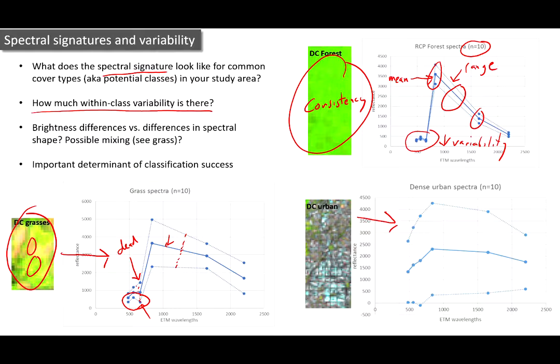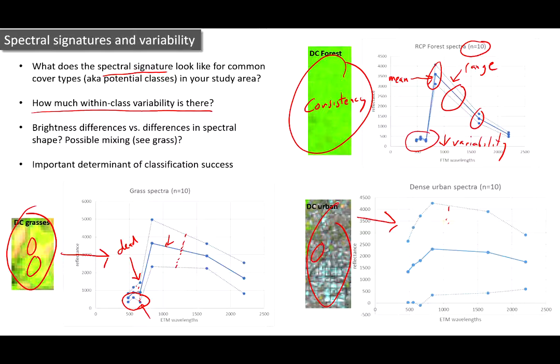Urban is even worse because it's a mix. It's not just dead versus alive. It's bright buildings, dark roads, live grass, senescing trees. This is probably from a fall image.